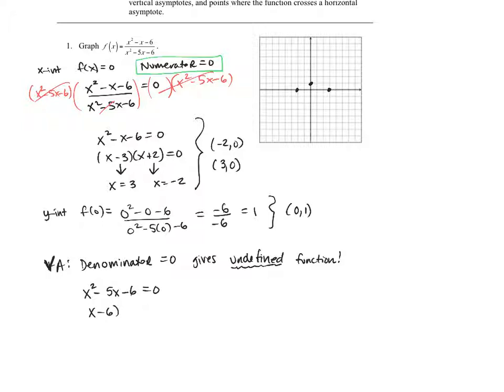And this one factors as x minus 6 and x plus 1 equals 0. And the zero product property gives us that x equals 6 and x equals negative 1 are both solutions. And those are our vertical asymptotes, so I'll show those. And you just want to show those as dotted lines there. And the function is never going to cross a vertical asymptote.